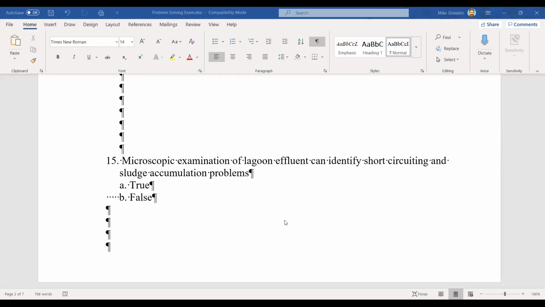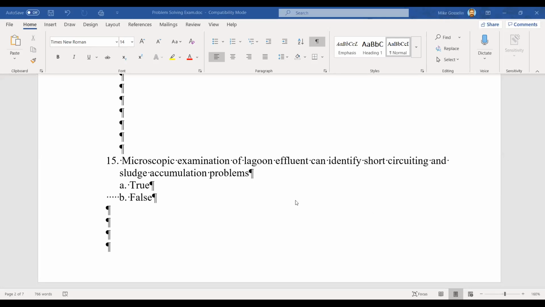If you read through this question really quickly on an exam and didn't think about it, you may think, oh, the microscopic exam isn't going to tell me about short circuiting. But if you read the whole question, short circuiting and sludge accumulation problems, then yes, you'll see what's starting to happen in the system. So take a sec, slow down, read those questions.